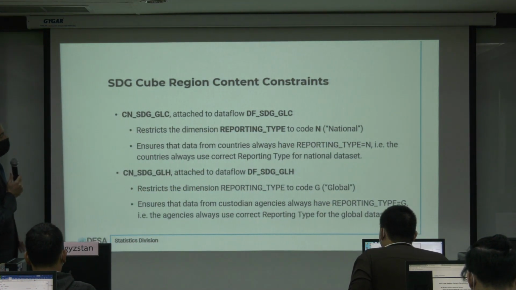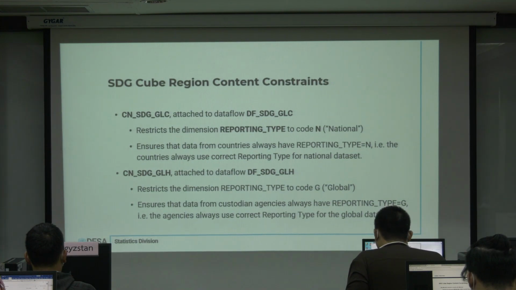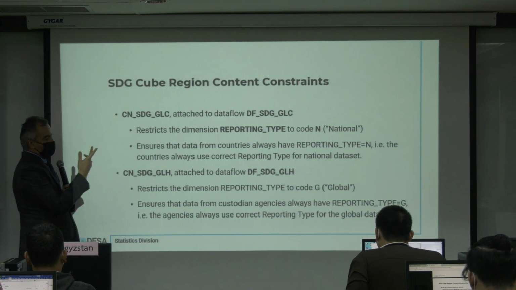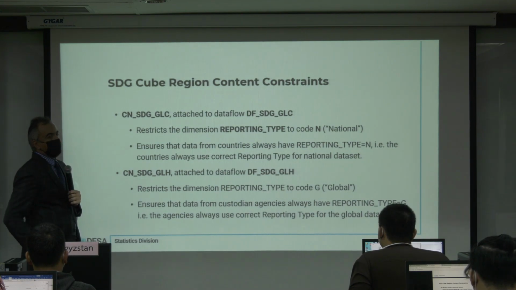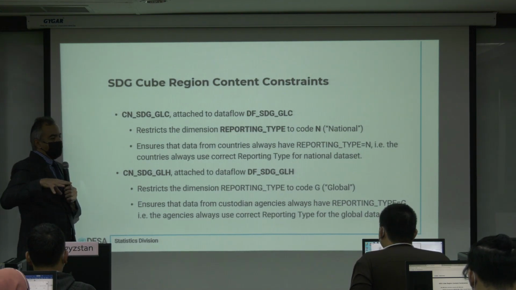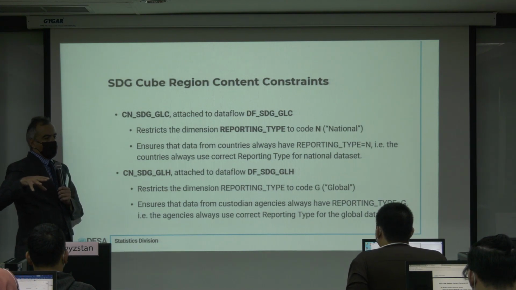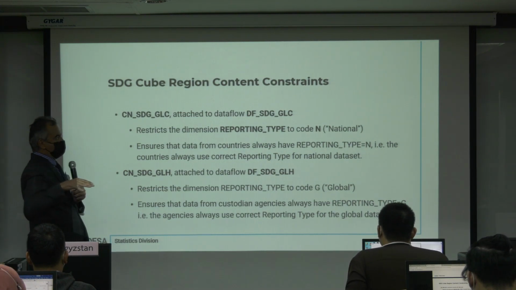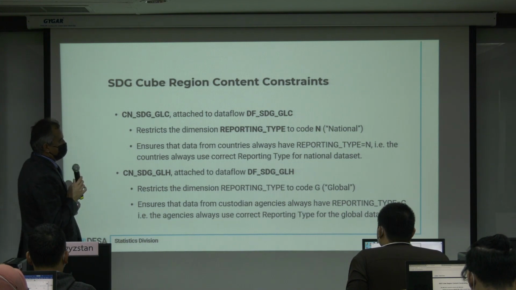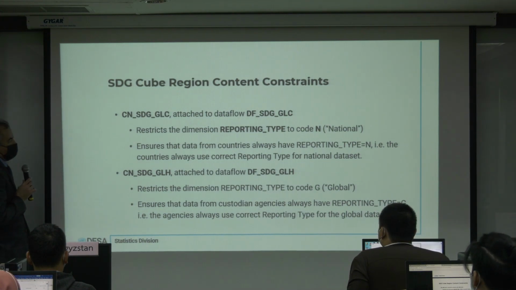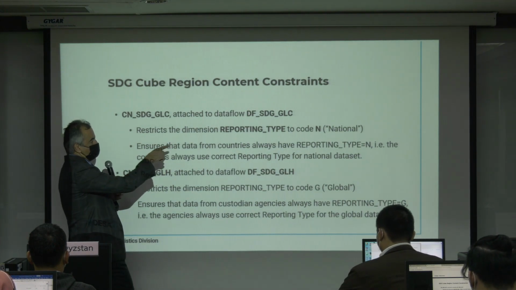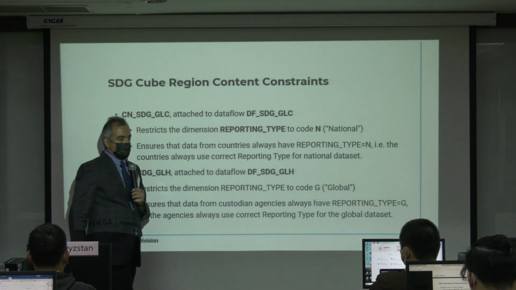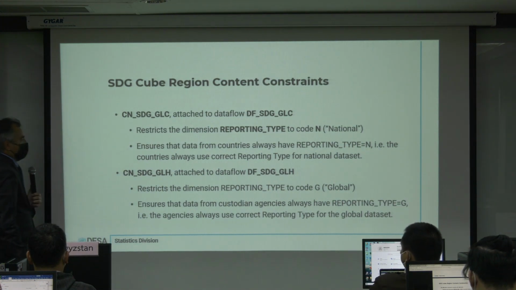If you try to report your data or even convert your data using reporting type G, it will fail. And remember, whether the indicators you are converting are part of the global framework or your own national indicators, that's irrelevant. For the country global SDG data flow, you always use reporting type N, national.